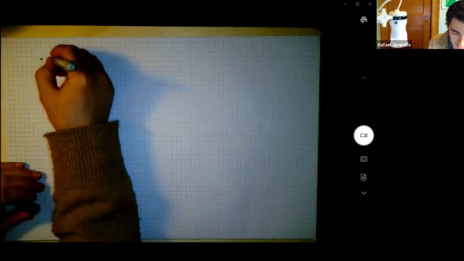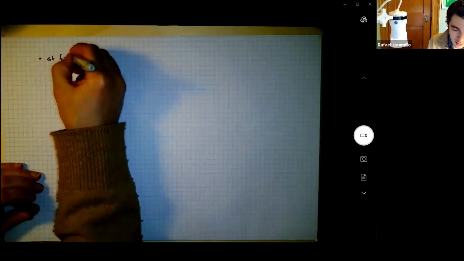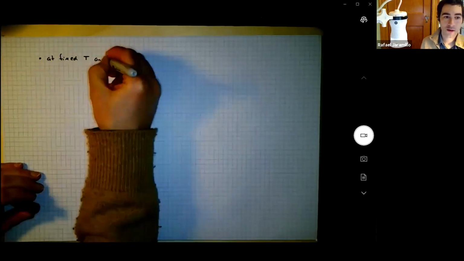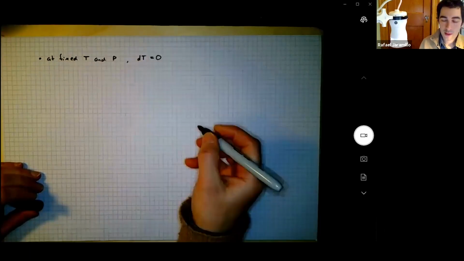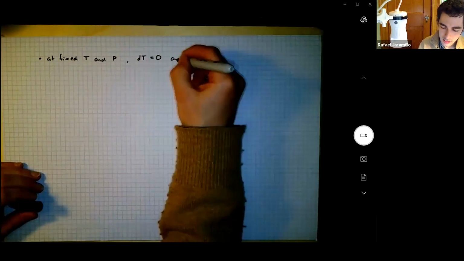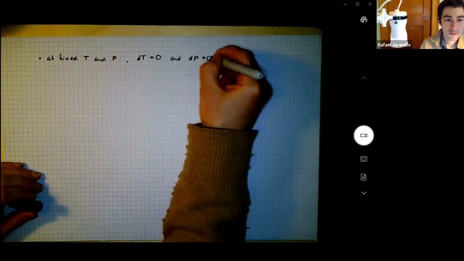What about conditions that we're interested in? At fixed temperature and pressure, dT equals 0. That's pretty easy. And dP equals 0.